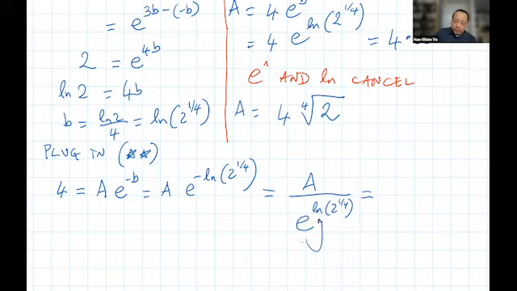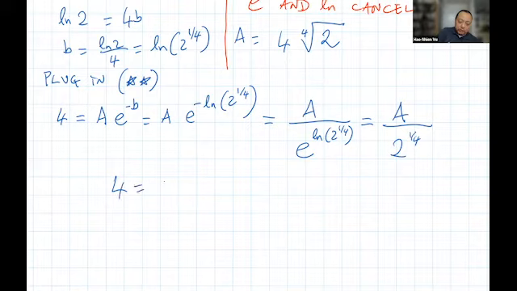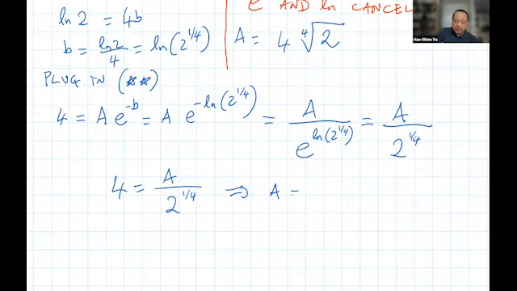E to the power and ln cancel. So this is just a divided by 2 to the 1/4. I have the equation 4 is equal to a divided by 2 to the 1/4. That gets me a is equal to 4 times 2 to the 1/4, which is 4 times the 4th root of 2.